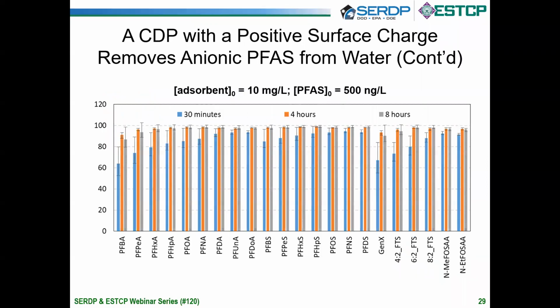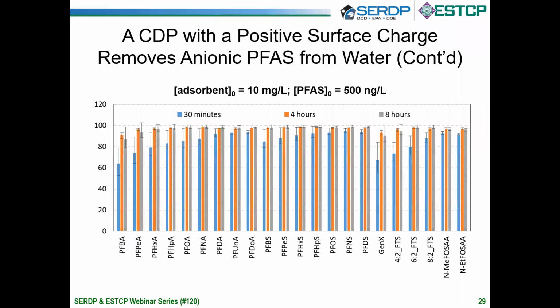The data shown here offer a more conventional view of the adsorption of 22 anionic PFAS on amine CDP. These data were again derived from batch experiments, 10 milligrams per liter of the adsorbent, which was amine CDP, and 500 nanograms per liter of each adsorbate.